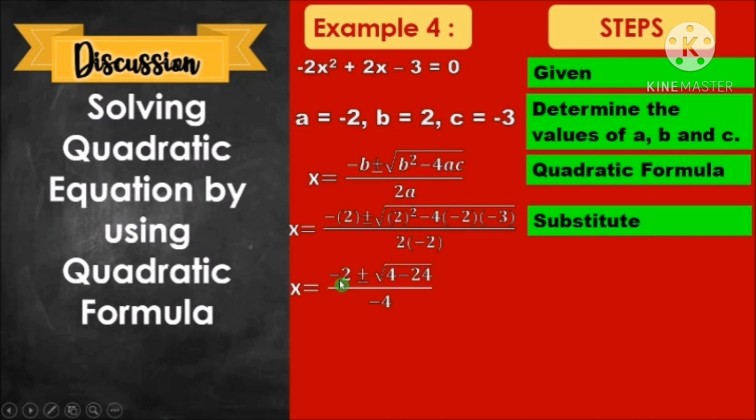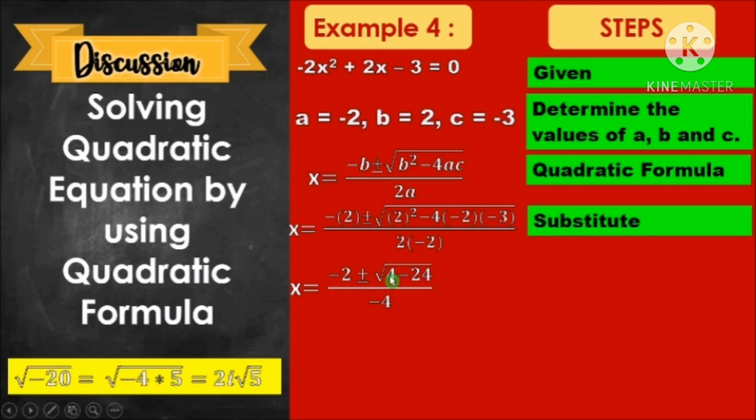Negative times 2, you have negative 2 plus minus square root of 2 square is 4. Negative 4 times negative 2, that is positive 8. Positive 8 times negative 3, you have negative 24. All over 2 times negative 2, that is negative 4.